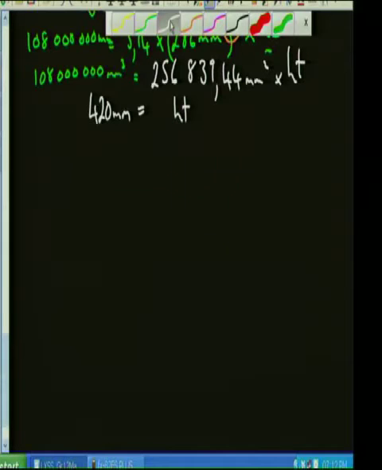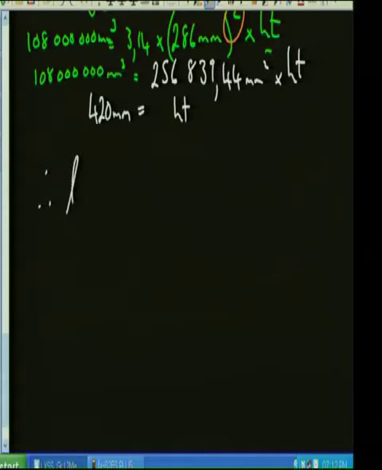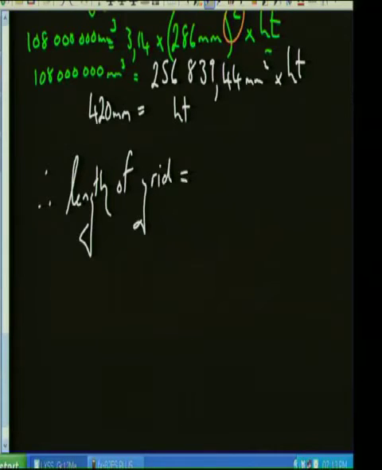So the length, therefore, the length of the grid is going to be the 420 millimeters plus 1%, and you know 1% means 1 over 100, of that 420 millimeters.